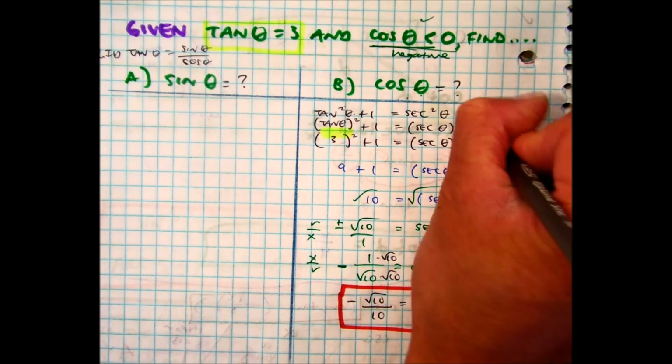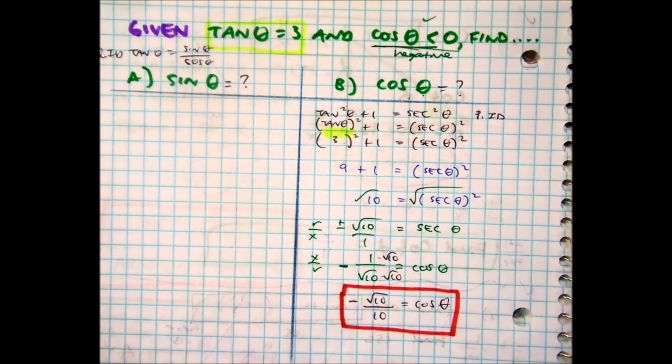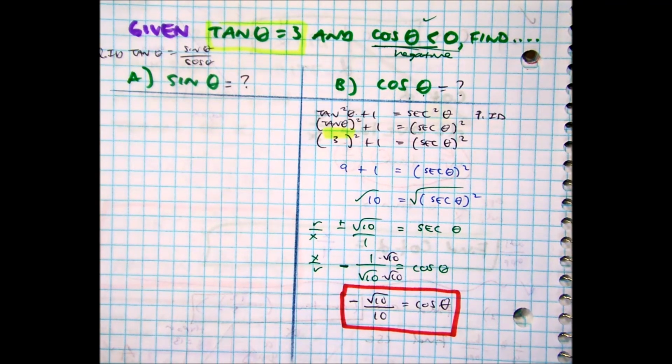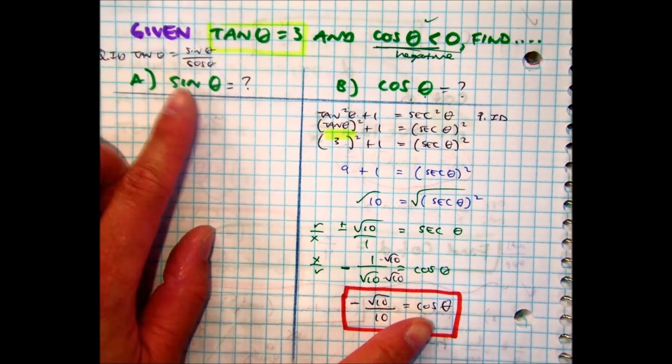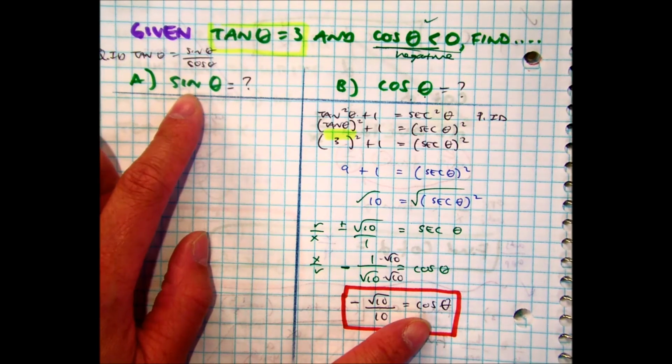Over here I used a Pythagorean identity. Look on your formula sheet. Do you see an identity that both has sine and cosine, but it's not the quotient identity? Partner B, tell partner A, what is it?